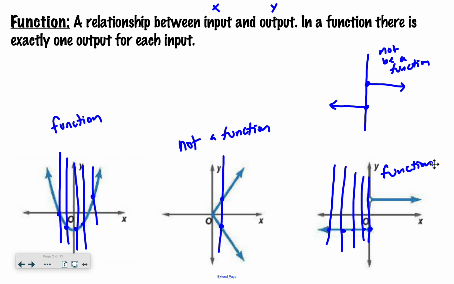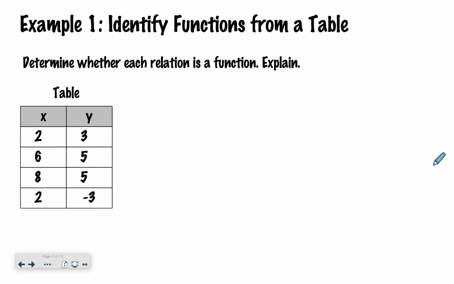Let's practice identifying functions from a table. From this table, you want to determine whether each relation is a function. Explain. Remember, the definition of a function is for each input, there's exactly one output. If I look at my table, these are my inputs, these are my outputs.